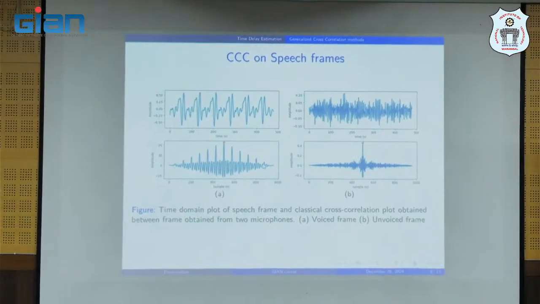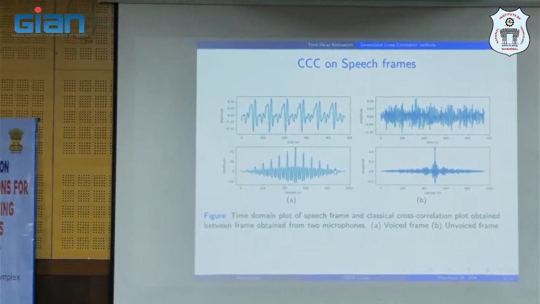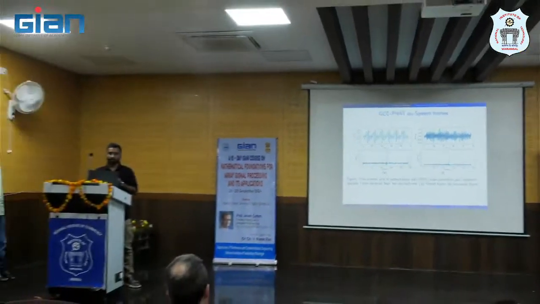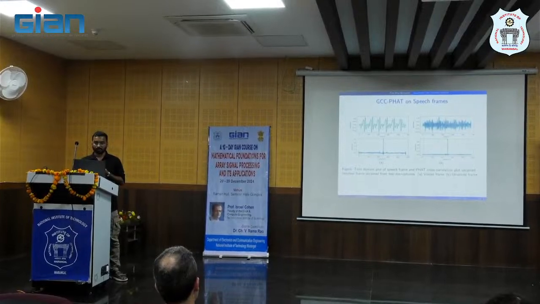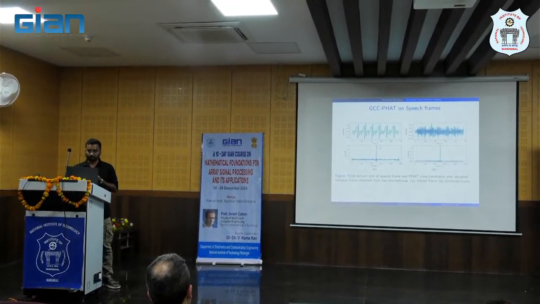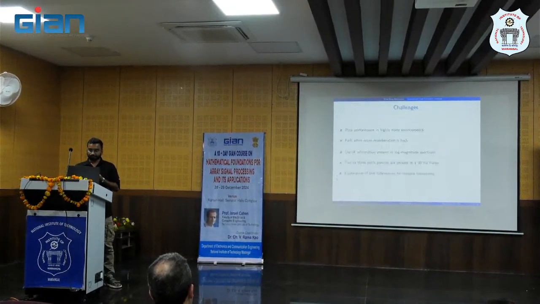Same here, but you can see that in the voiced frame there are different peaks. This is expected because the magnitude information is taken into account. But in GCC-PHAT we remove that magnitude part, so there is only one peak here.